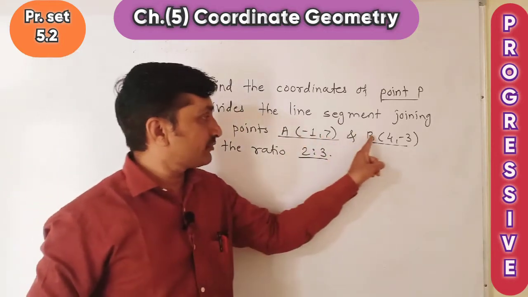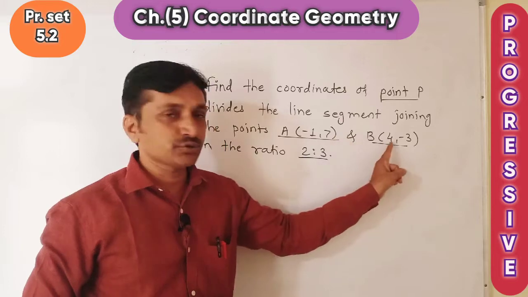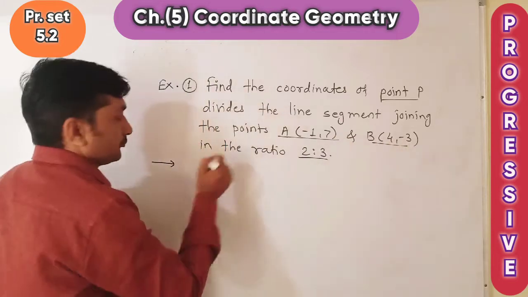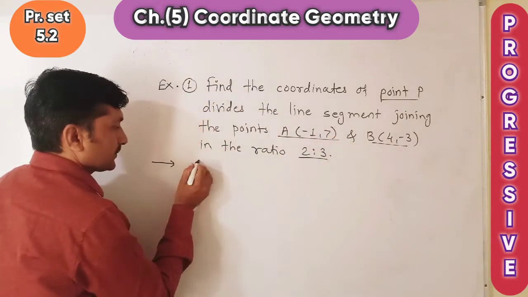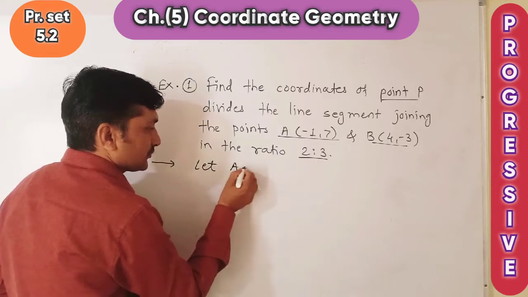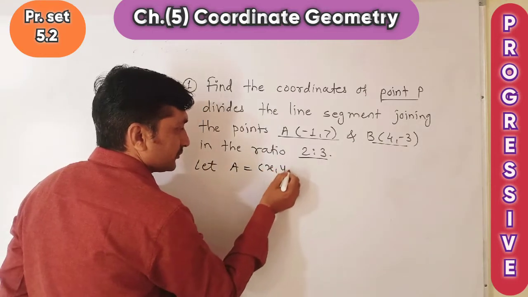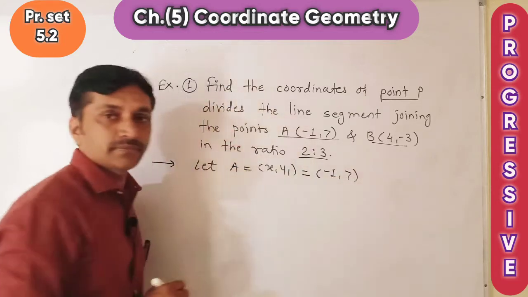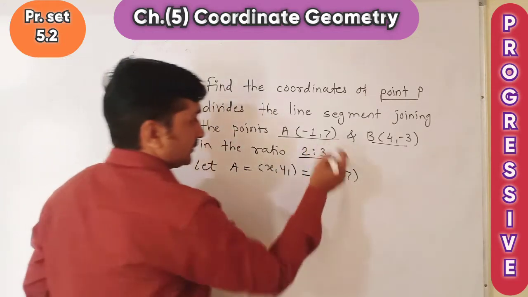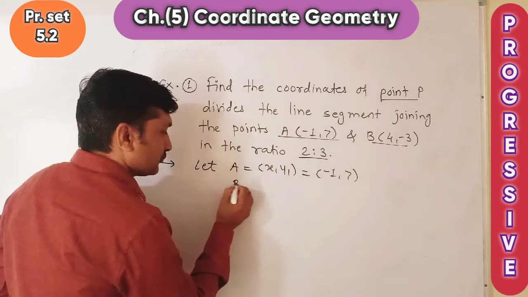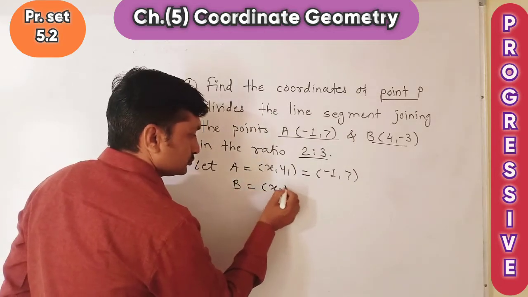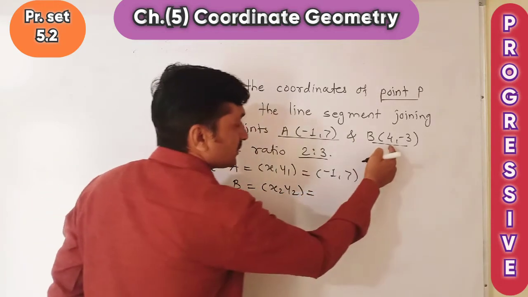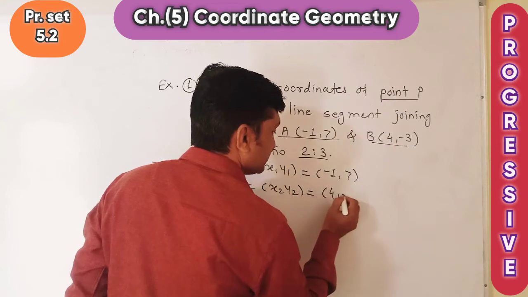These are the coordinates of A and B: x1, y1, x2, y2. First let's write all that. Let A is equal to x1, y1, coordinates -1, 7. B is equal to x2, y2, coordinates 4, -3.